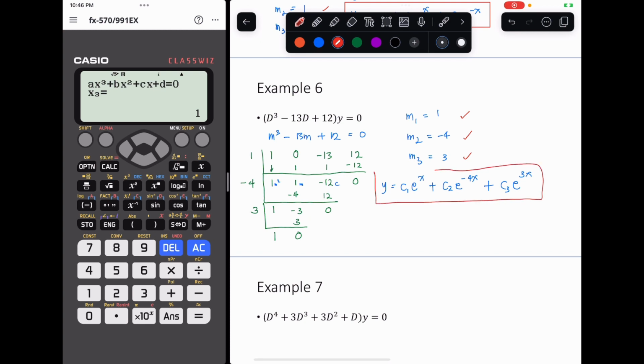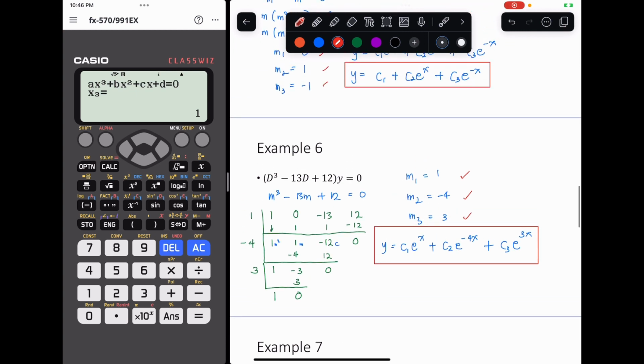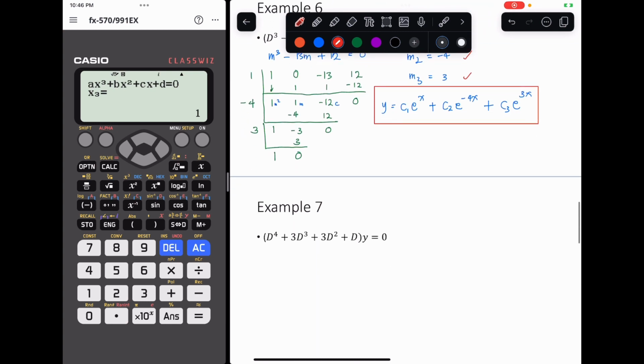And that will be our general solution for example number 6. So again, we can verify this one with our calculator, whether our answers are correct or not.